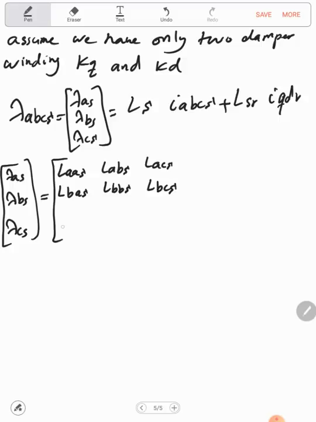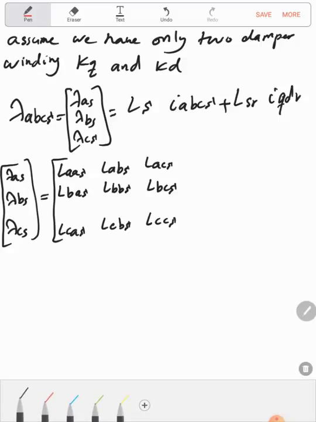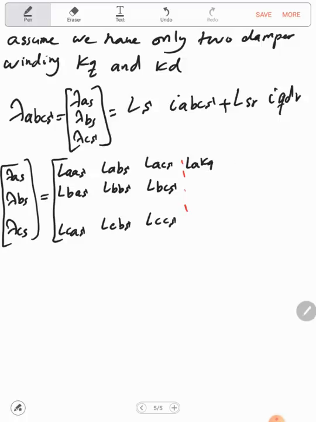Here this will be the LCAS, this will be the LCBS, and this will be the LCCS. This is actually the LS. Now we also have the LAKQ, LAFD, and we have the LAKD.